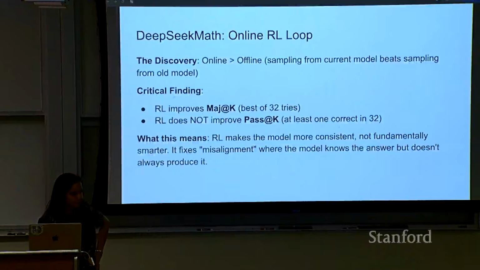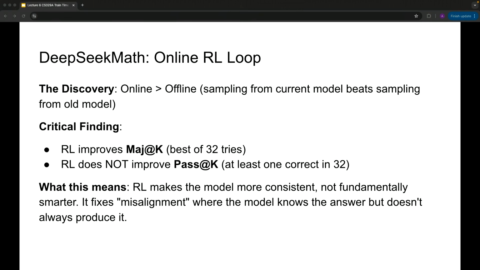So what this roughly tells you is that if you do the online reinforcement learning loop and you sample from the current model, that beats what we were doing earlier, the STaR approach.